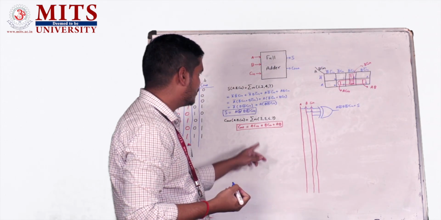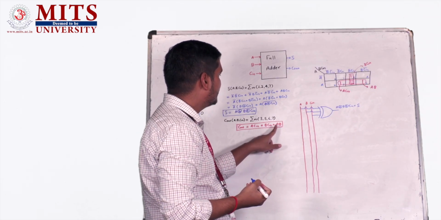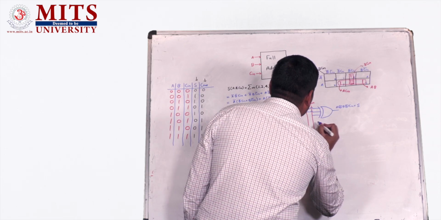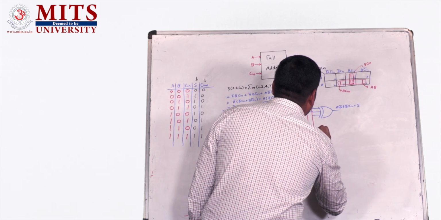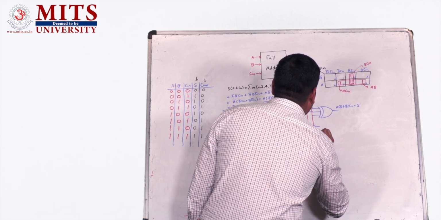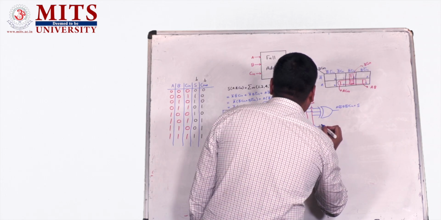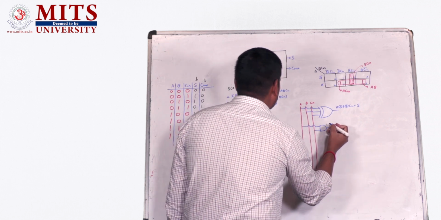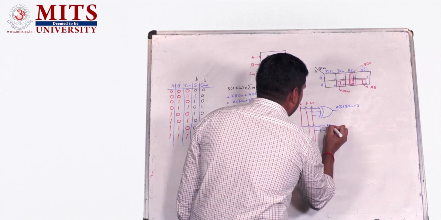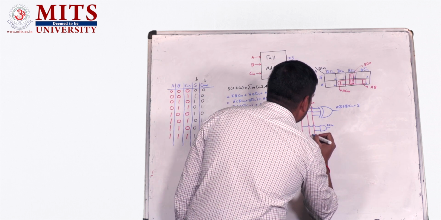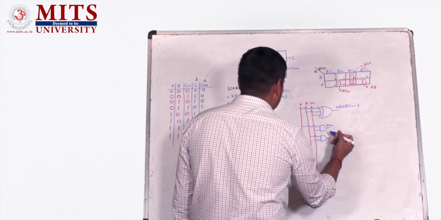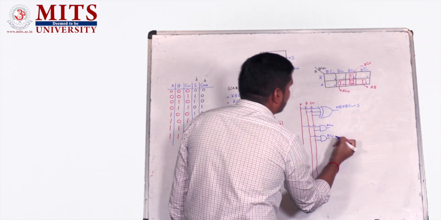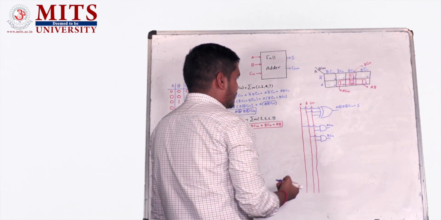This will produce the sum output. Next, for Cout, we have a total of 3 product terms. So 3 AND gates will be required. So first we will take out A and we will multiply with C in. So one AND gate will be required here to execute this product term. So this will be essentially A into C in. Next, we have connected one more AND gate between B and C in. So this will produce B into C in.